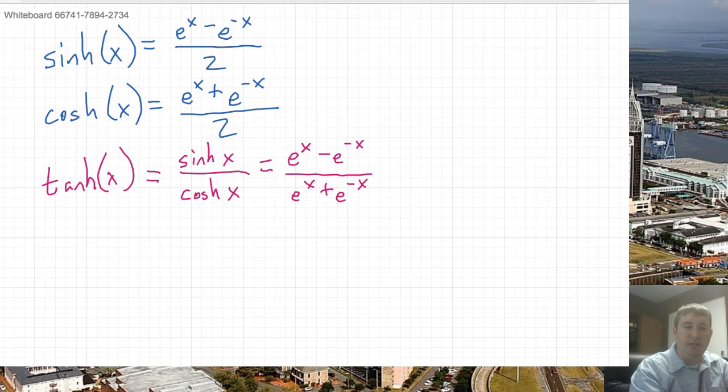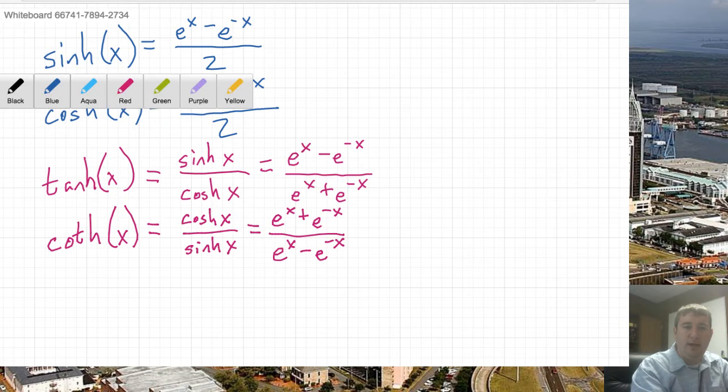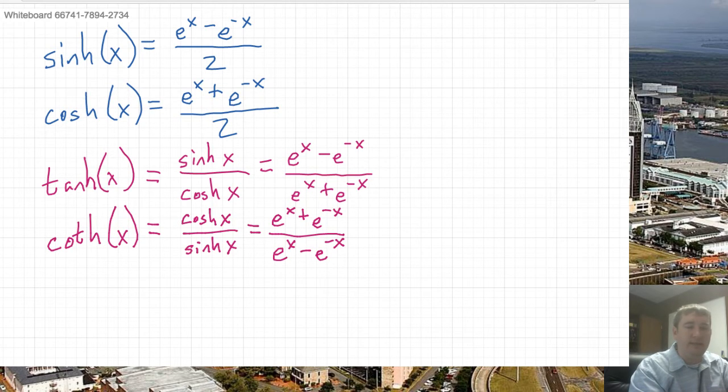And of course the cotangent version, exactly the same, just flipped. So we'll have the plus on the top and the minus on the bottom. And likewise, we can do secant hyperbolic. And that's just going to be 1 divided by cosine hyperbolic.